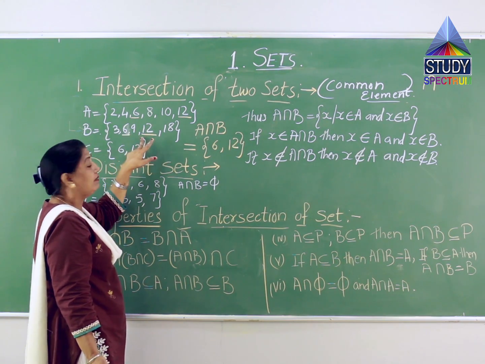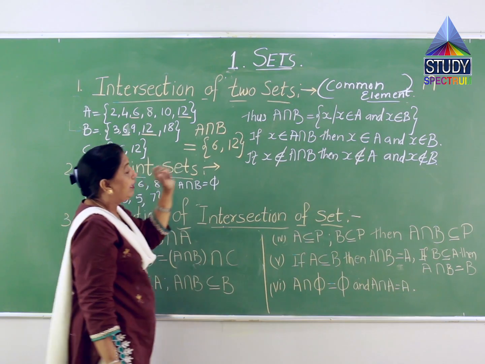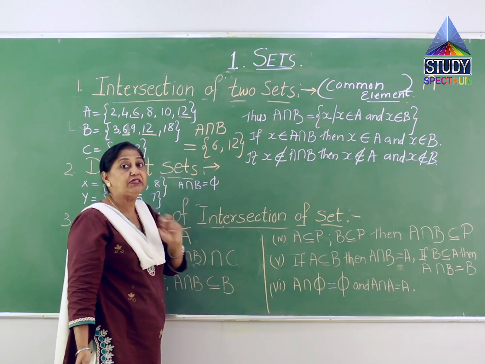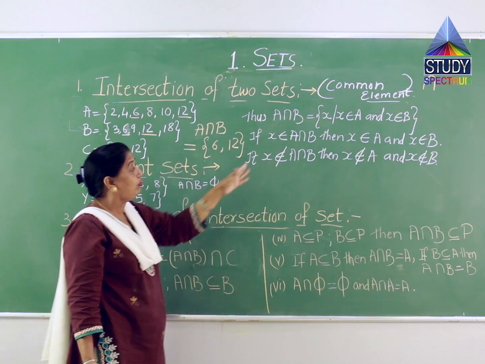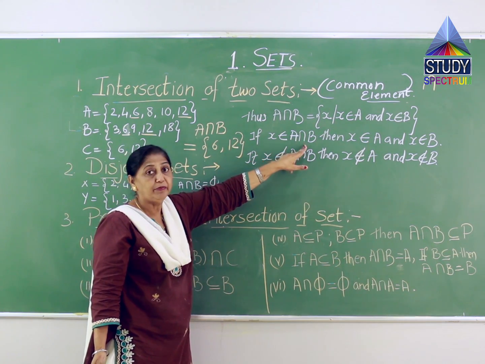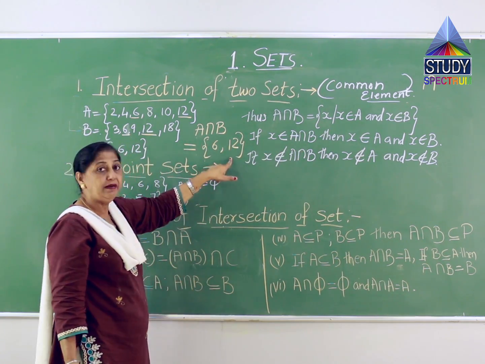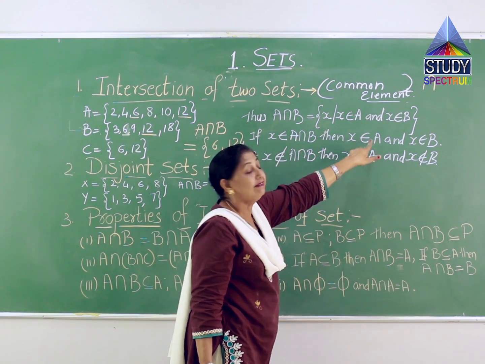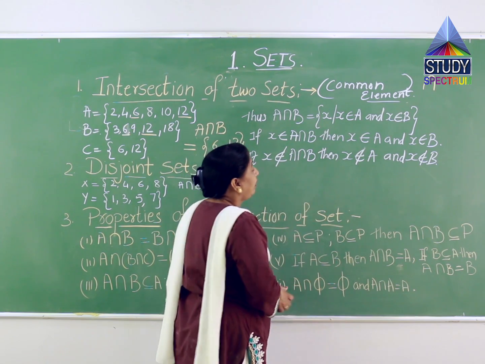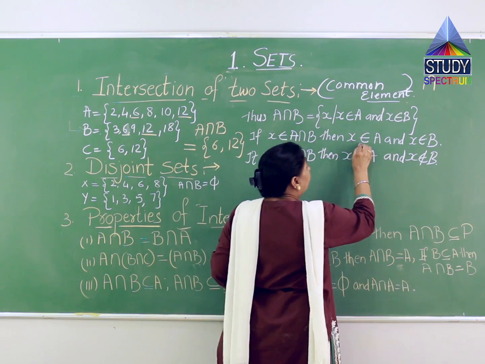So 6 is present in set B also. Now the other thing which is clear from this is, if an element belongs to the intersection of A and B, like 6 and 12, it will also belong to set A and set B. This I can put by this symbol.